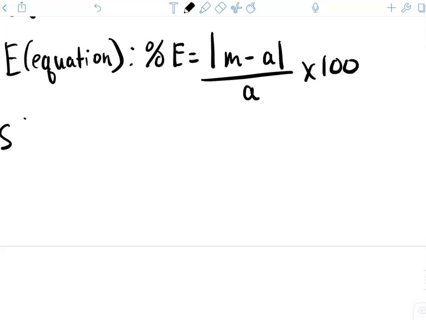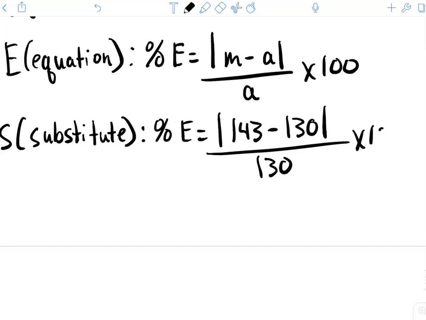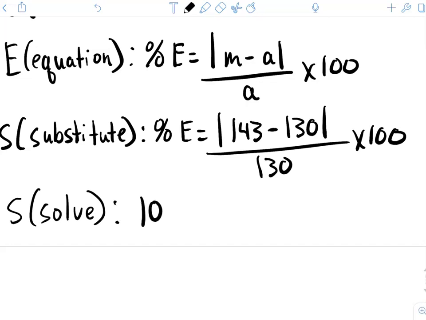So then we're going to substitute in. My percent error is going to be 143 minus 130 divided by 130 times 100. And whenever we put this into our calculator and solve, we should get 10% for our answer. Okay, and that is it for our accuracy, our precision, and our percent error.